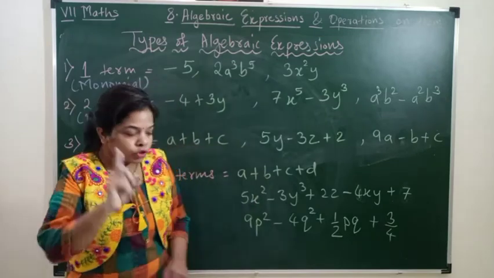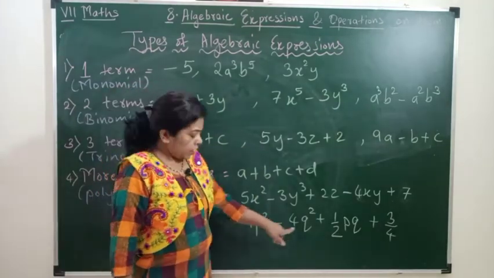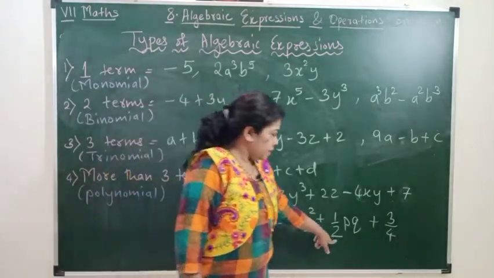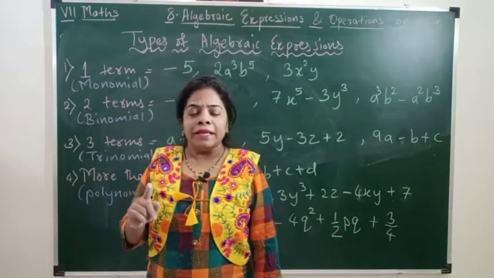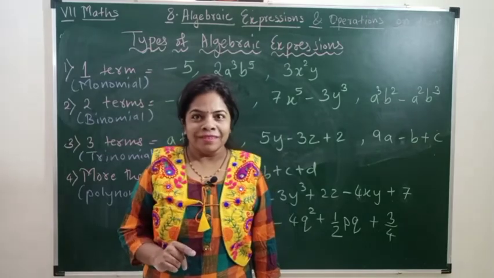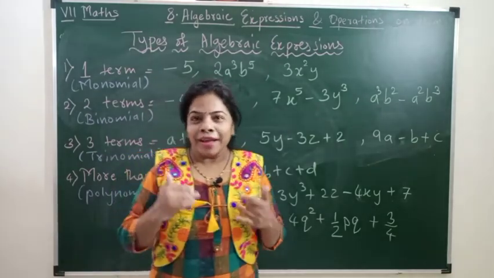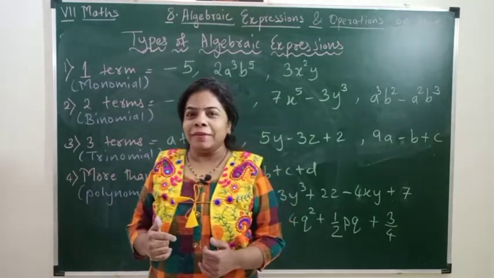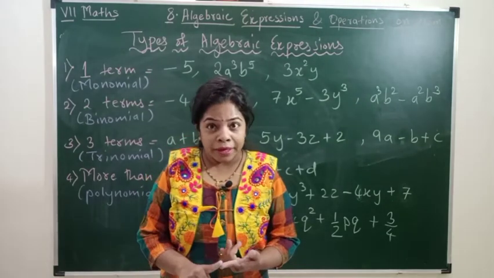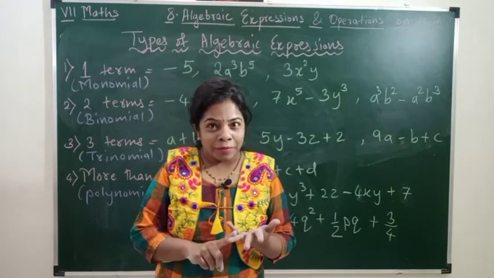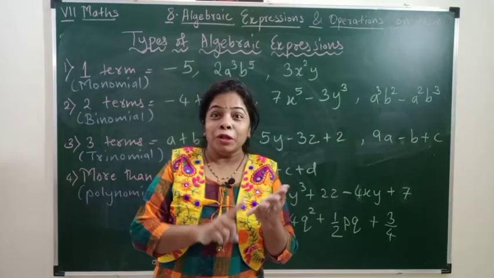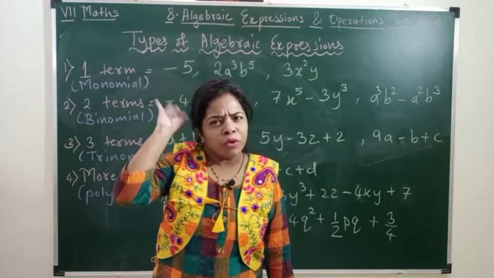Still if I count 1, 2, 3 and 4. 4 terms are there, more than 3, which means it is a polynomial. So children, now I guess the types of algebraic expressions: monomials, binomials, trinomials and polynomials more than 3.